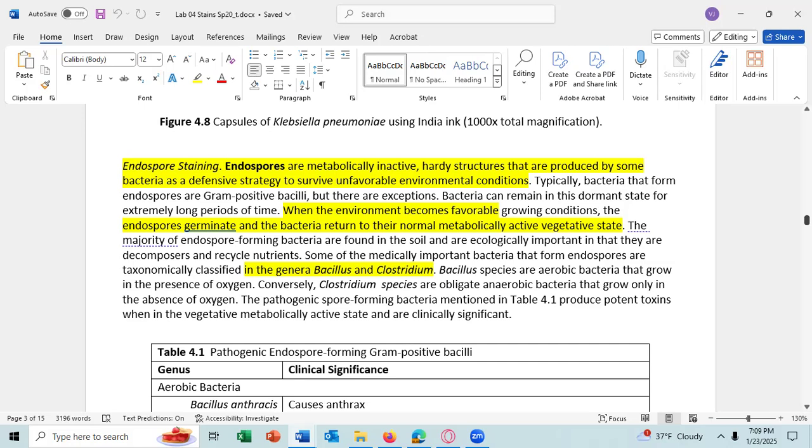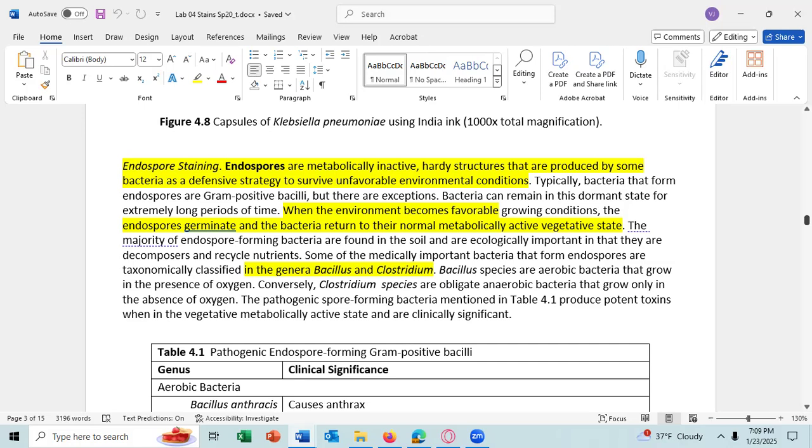All right, if not, then the last stain to discuss, at least I think it's the last, is the endospore stain. Endospores are a metabolically inactive structure that is hardy in that it allows the cell to survive even in unfavorable environmental conditions.